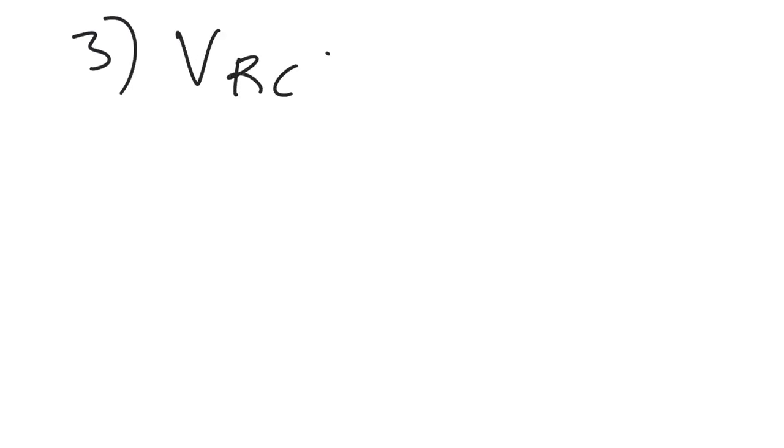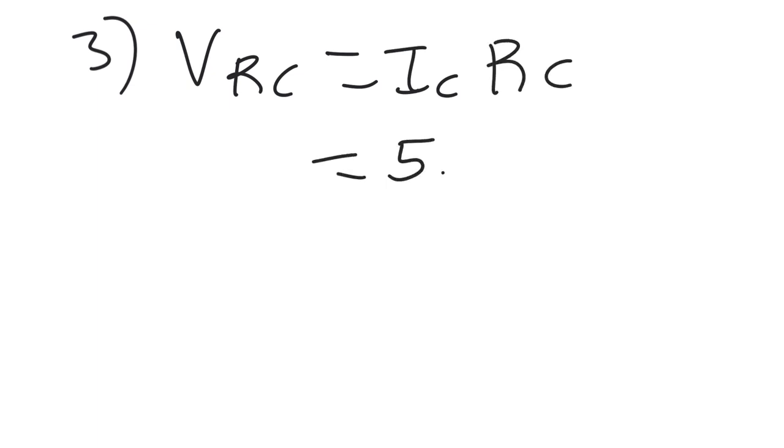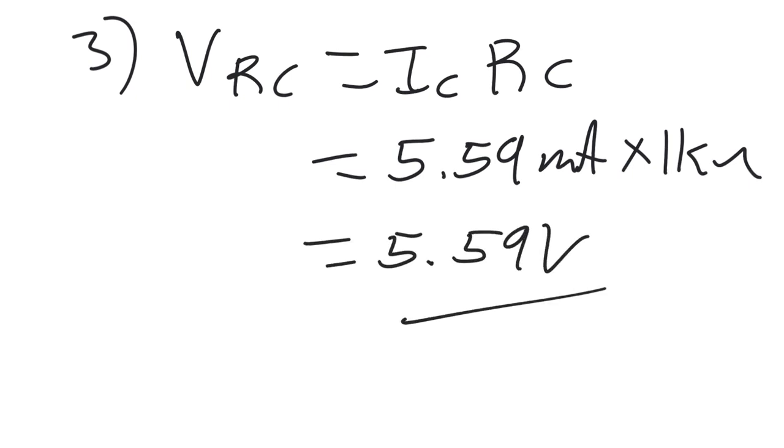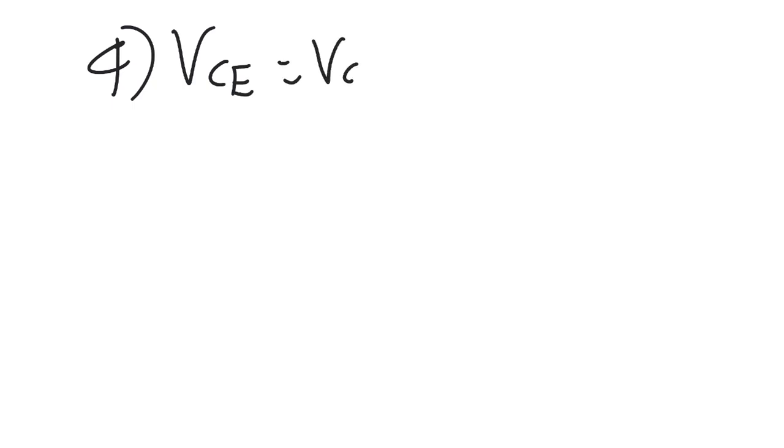Collector resistor voltage, then collector emitter voltage. Again, you must have the diagram in front of you, otherwise this will make no sense at all.